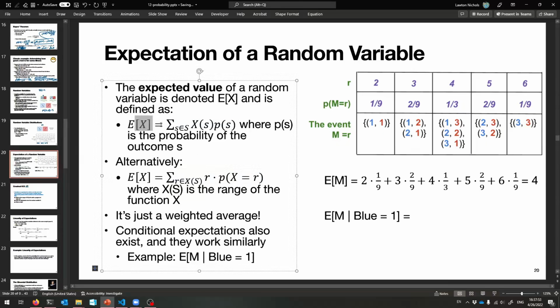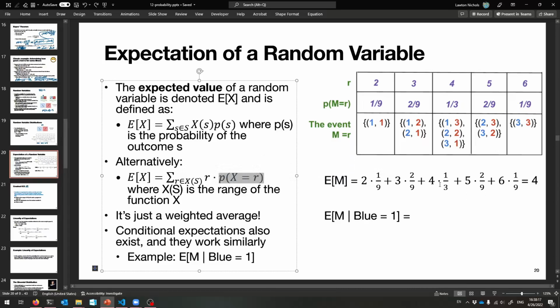Alternatively, you can simplify this because you know that these values might appear multiple times, and we've already calculated the probability of all of them occurring. So you can do it like this as well. The expected value of the random variable x is, over all the numbers that the random variable could take, that outcome multiplied by the probability of it occurring.